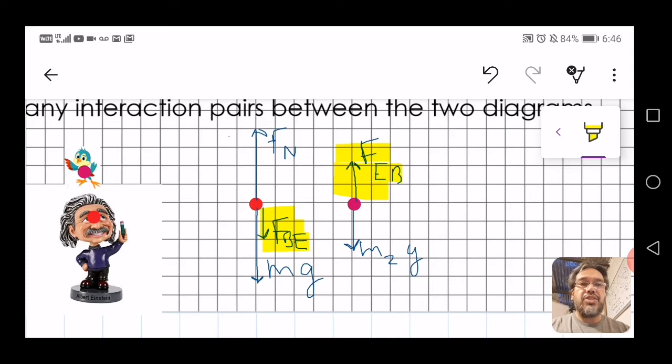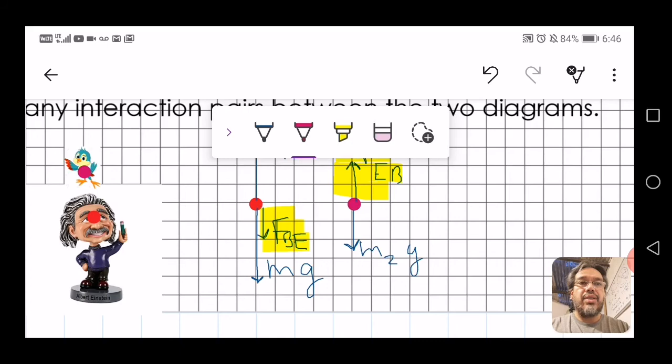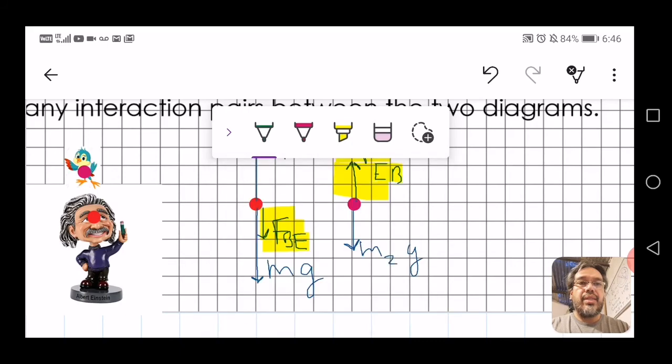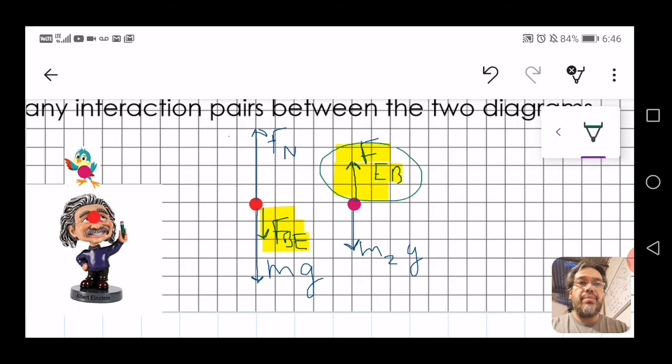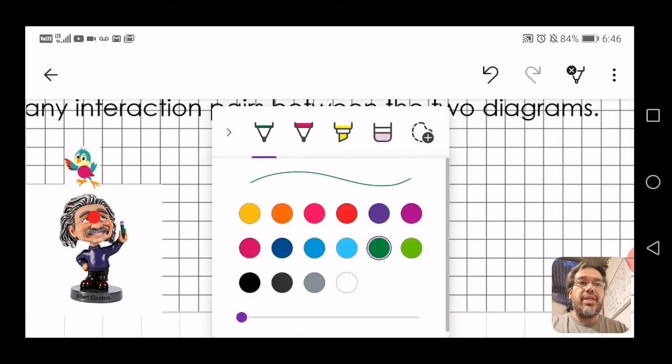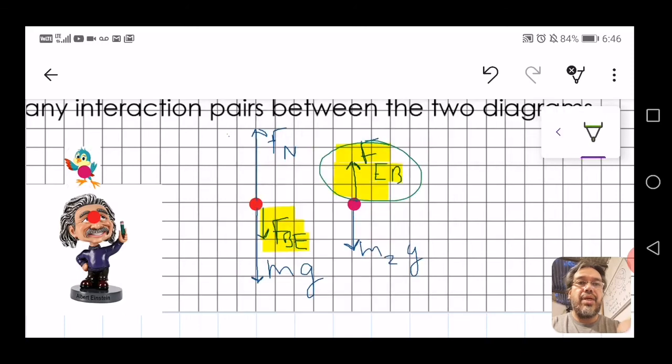One of them is exerted by Einstein, that will be this one. One of them is exerted by the bird, and that will be this one. And so that's the interaction that we're trying to analyze.